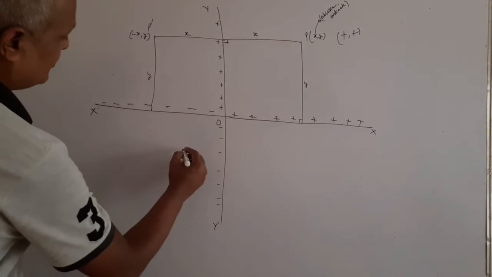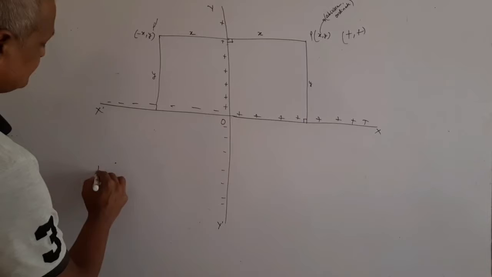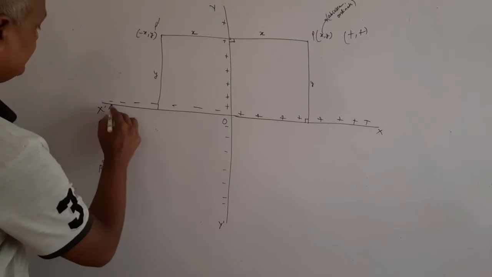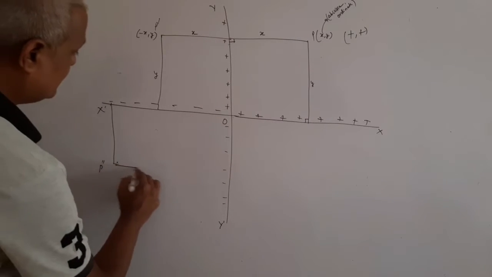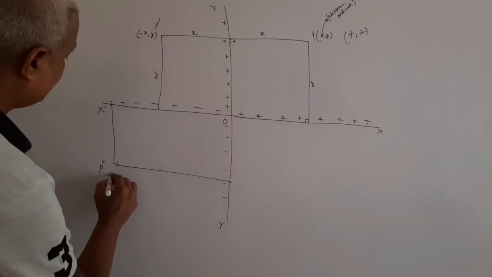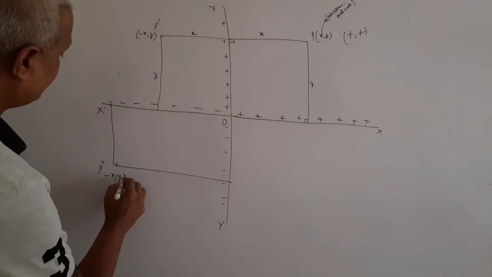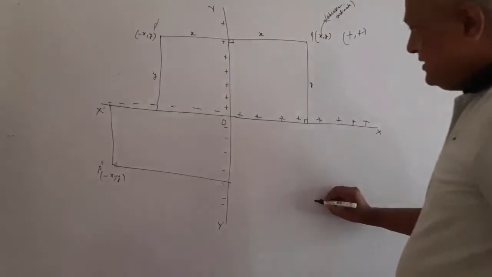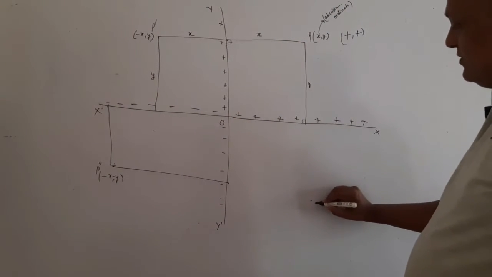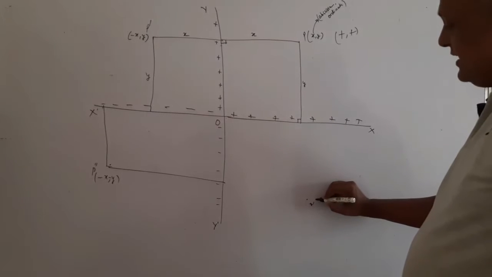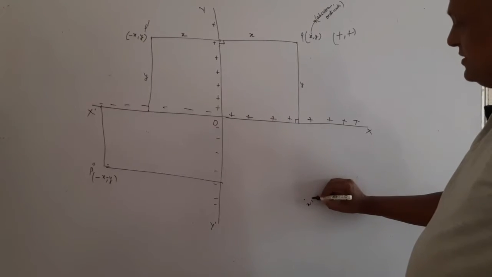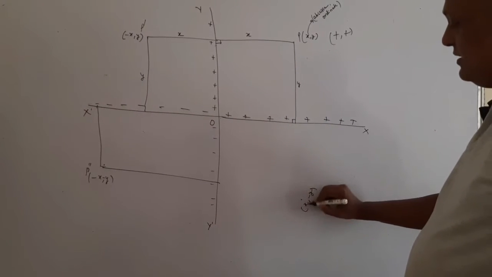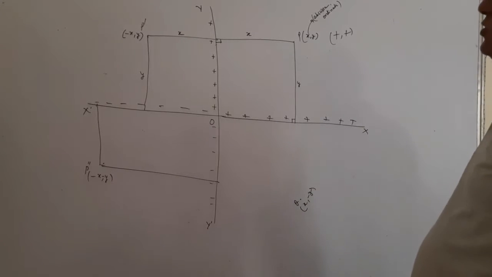In the same way, for a point P double prime in the third quadrant, both x and y will be negative. And if a point is in the fourth quadrant, x will be positive and y will be negative. I can call it Q.